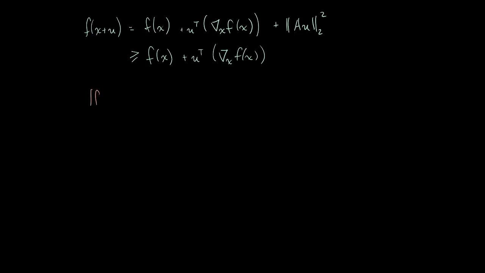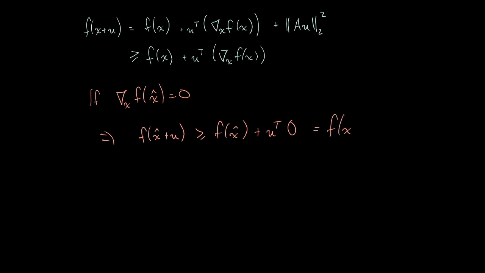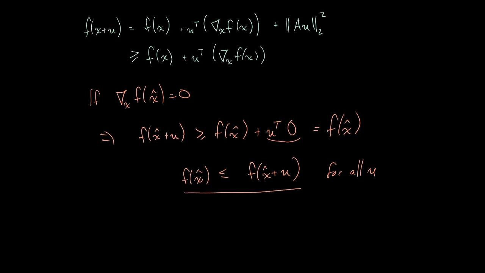If the gradient of f evaluated at x hat is equal to 0, then f(x hat plus u) has to be greater than or equal to f(x hat) plus u transpose times 0, which is just f(x hat). In other words, f(x hat) is less than or equal to f(x hat plus u) for all u. It does not matter what u is, u transpose 0 is always going to be 0. So this is always going to give us this inequality no matter what u is.